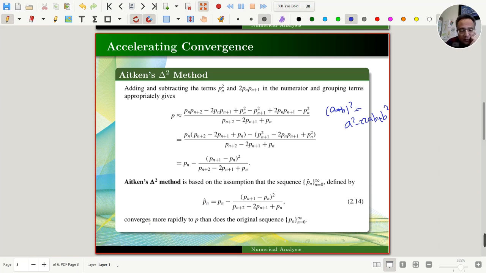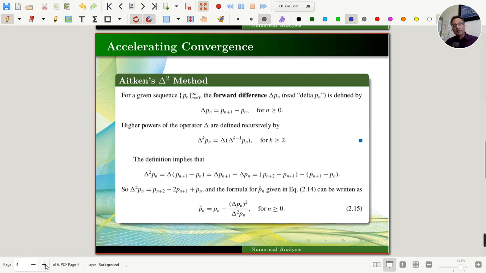This sequence converges to P much faster than the original sequence Pn, n equal to 0 to infinity. Okay, this is the Aitken's delta squared.